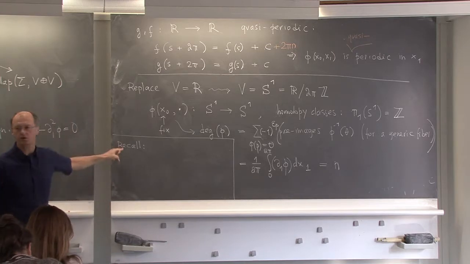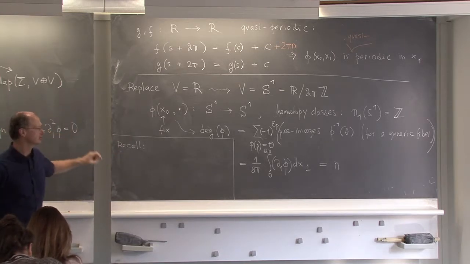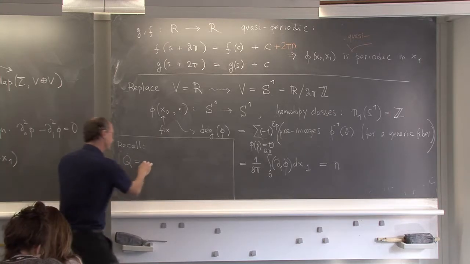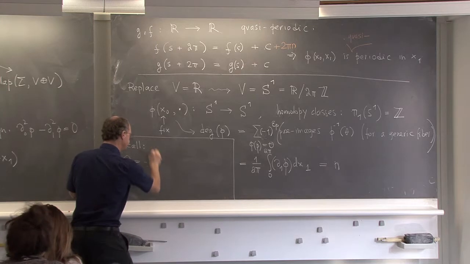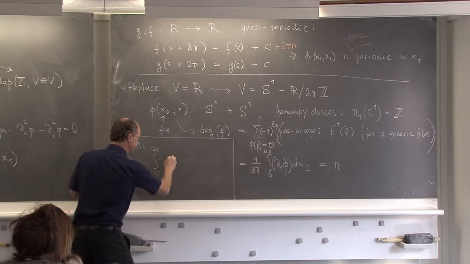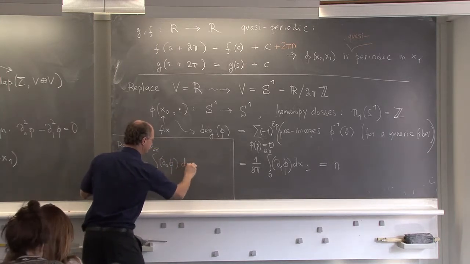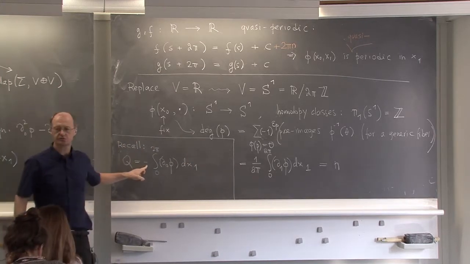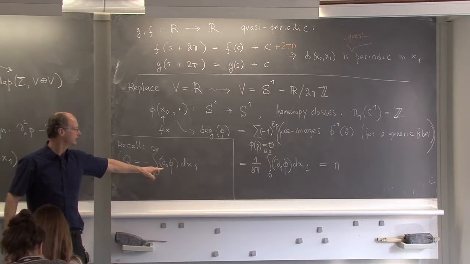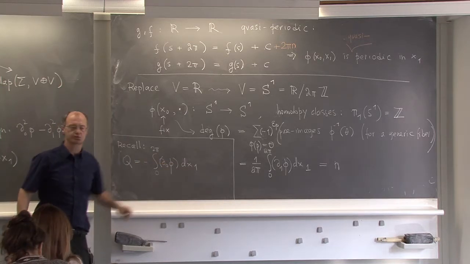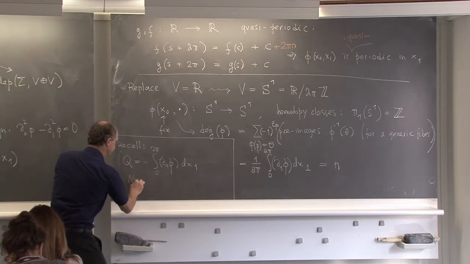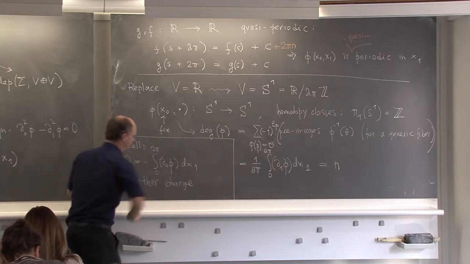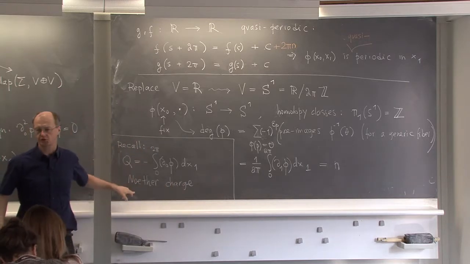So let me recall that when we were discussing Noether currents, in a similar situation, we had the following expression, right? I think it was a minus for some reason, the integral of the time derivative of phi dx1. And this was a conserved Noether charge, right?